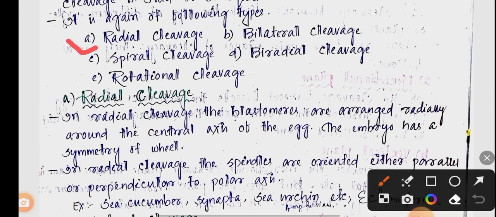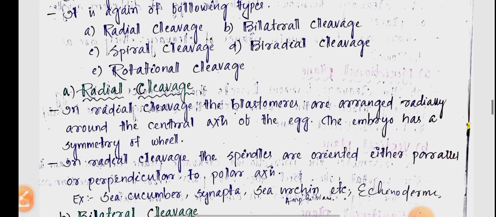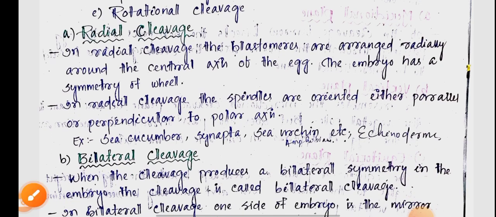One is radial cleavage, bilateral cleavage, spiral cleavage, biradial cleavage, and rotational cleavage. Number 1 is radial cleavage.